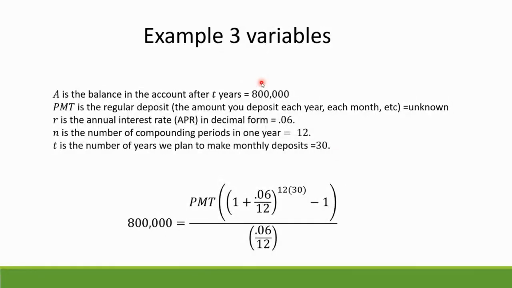We have to figure out, though, what the variables are. A is the balance, and we know what that balance is. We want it to be $800,000. We're looking for the regular deposit, how much we would have to deposit each month. So PMT is unknown.